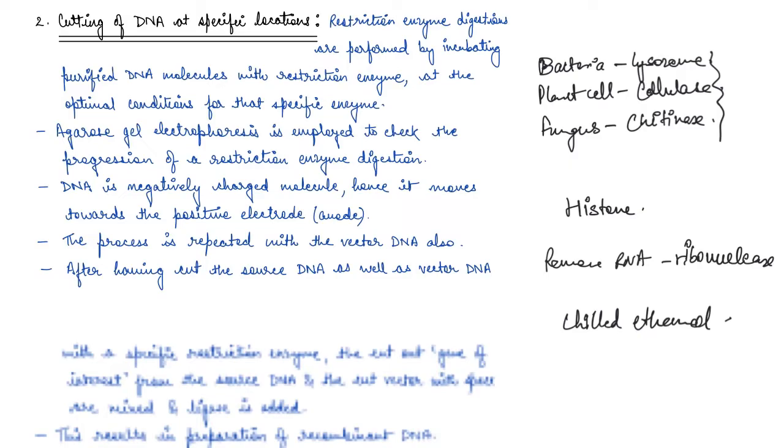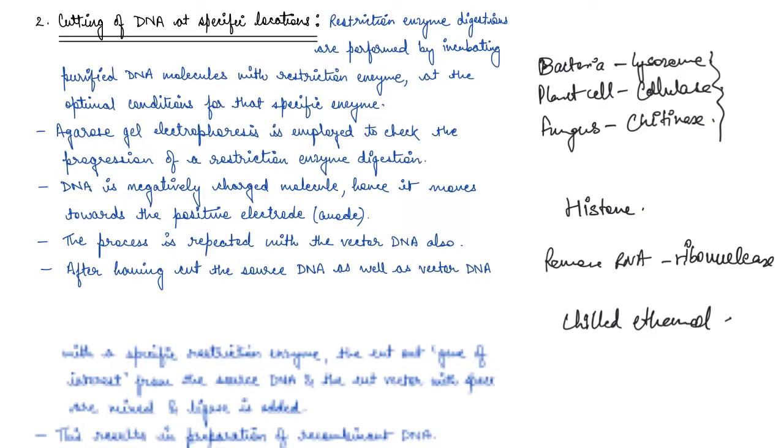As soon as we add ligase, we see that the alien DNA gets ligated or added to the cloning vector. And now we get the recombinant DNA. So after this, we are going to amplify the gene using PCR.